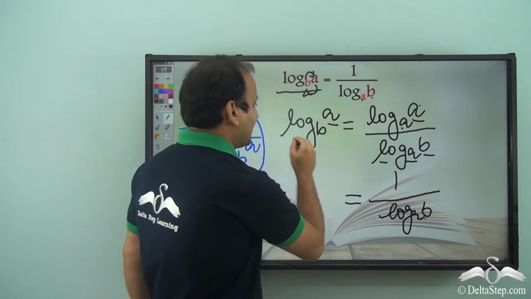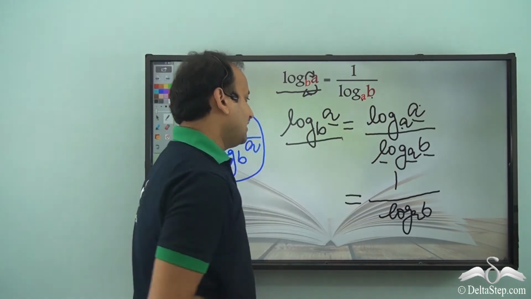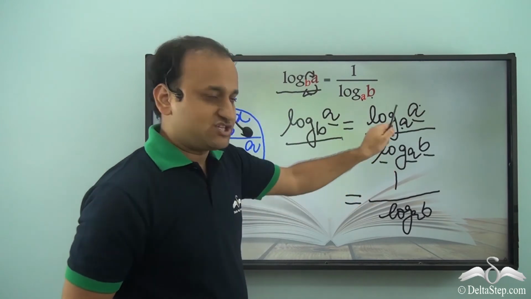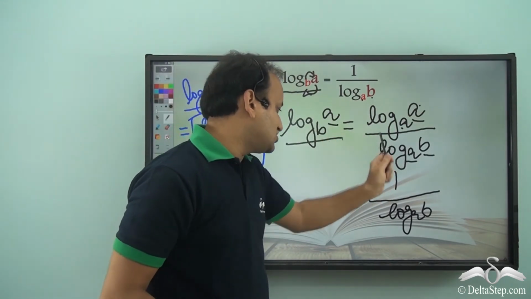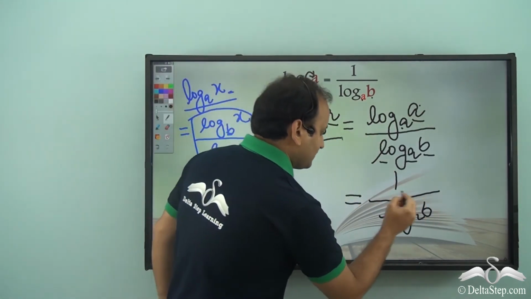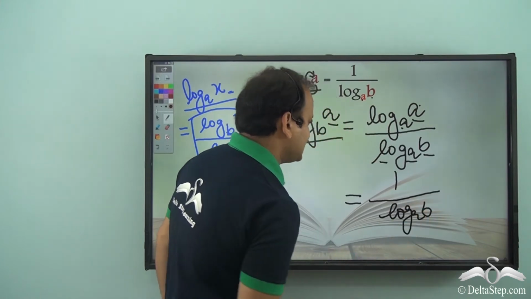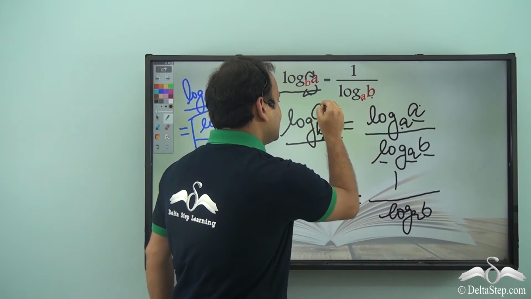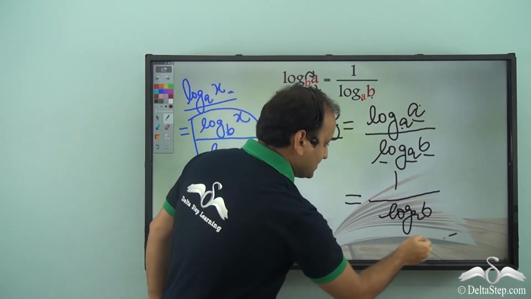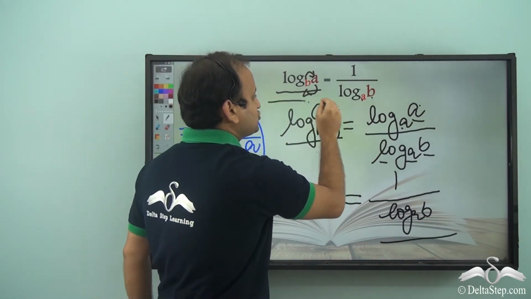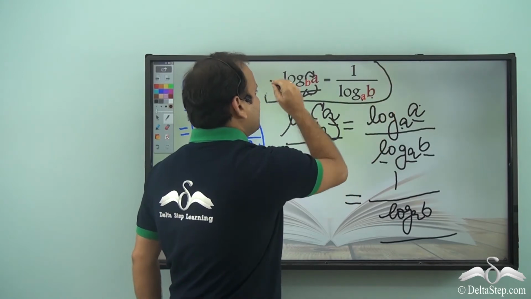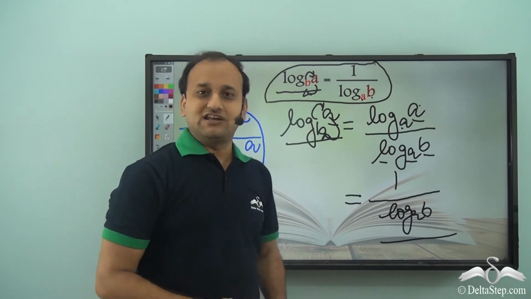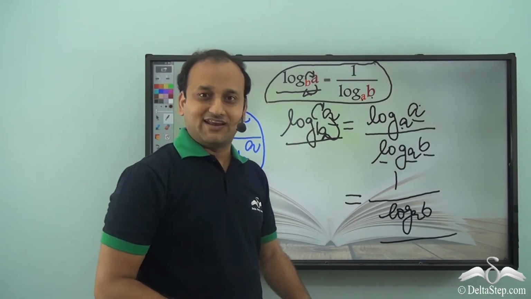So you see, log a to the base b, when used with the base change formula, that is the base was changed to a, we got 1 by log b to the base a. That is, this was interchanged with this and we got this. This is what we were trying to show in the reciprocal formula of logarithms. So this definitely stands true as the scientist had explained.